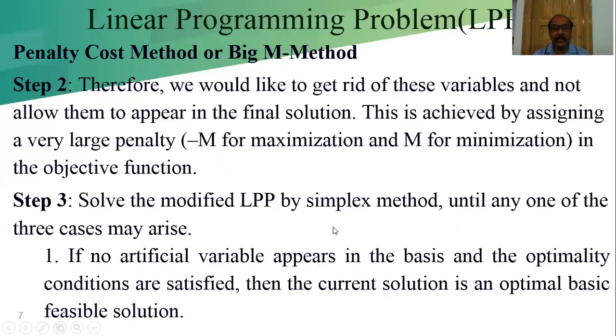That means Zj minus Cj should be greater than or equal to 0. Then we have to stop, and no artificial variable should appear in the basis in the final solution. Then we will get the optimum basic feasible solution.